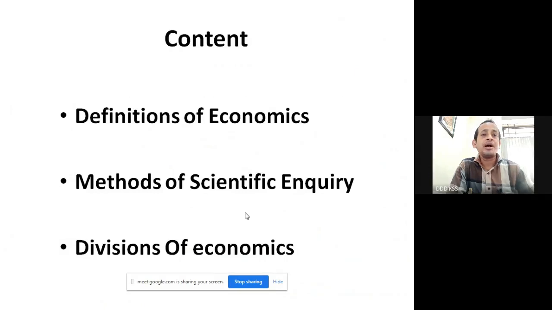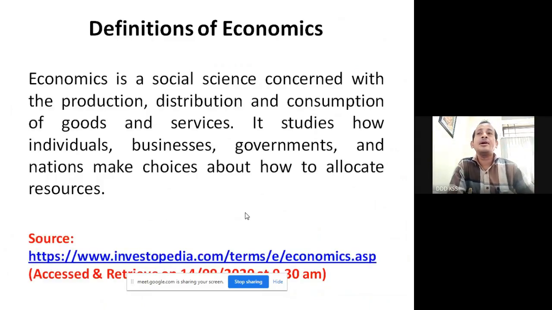Now, first, I'll discuss some very important definitions of economics so that we can get a better idea about economics. In general, economics is a social science concerned with production, distribution, and consumption of goods and services. It studies how individuals, businesses, governments, and nations make choices about how to allocate resources.